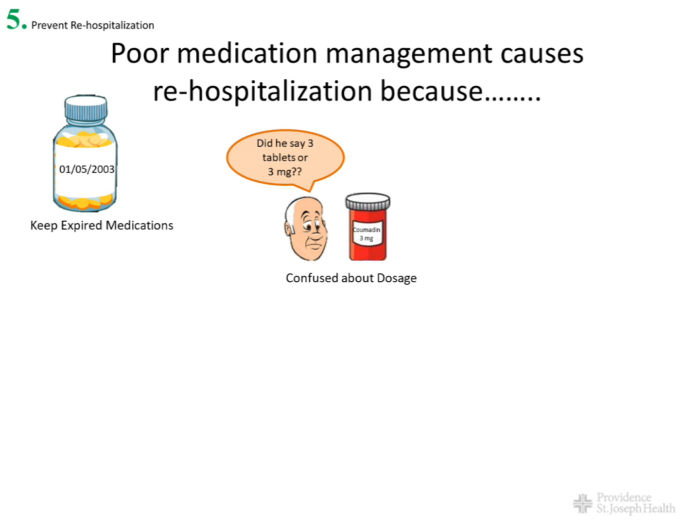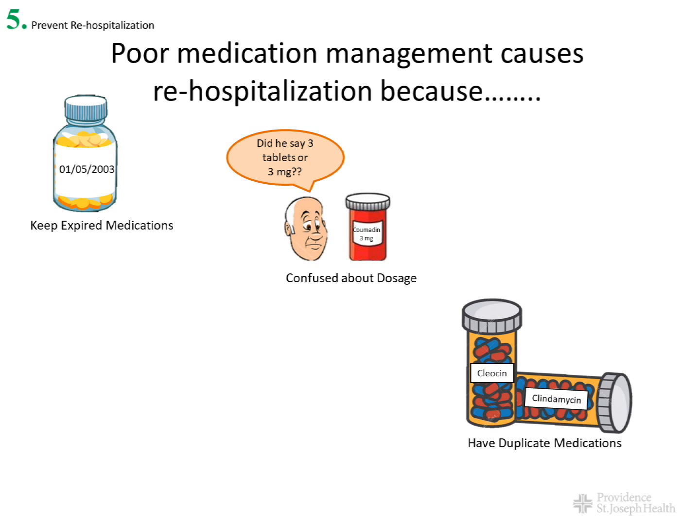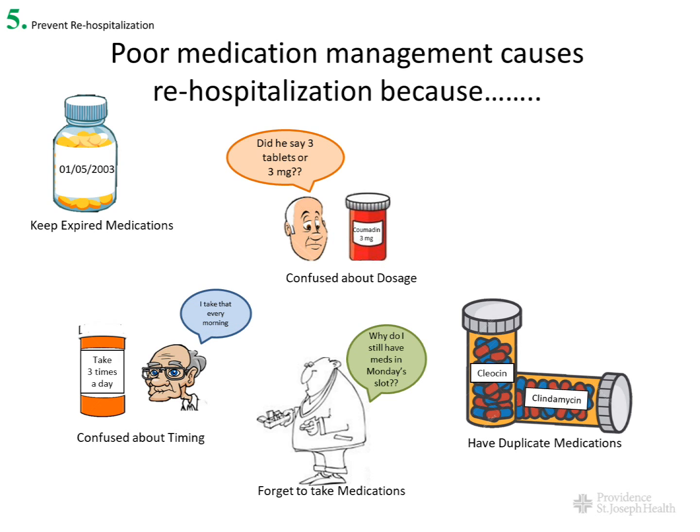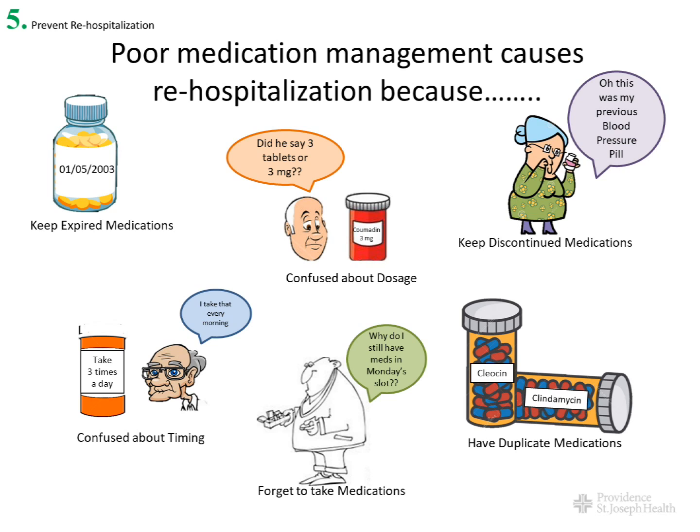Patients are confused about the dosage they should be taking. Patients have duplicate medications and don't realize it. Patients forget to take medications. Patients become confused about the timing. And patients keep discontinued medications.